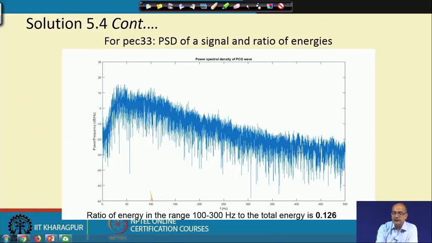However, probably a little more energy is there between 100 to 300, because the energy ratio is 0.126, that means 12.6% of the total energy is here. Okay. In the previous case it was about 1.7%. Okay. So, an order of magnitude change.